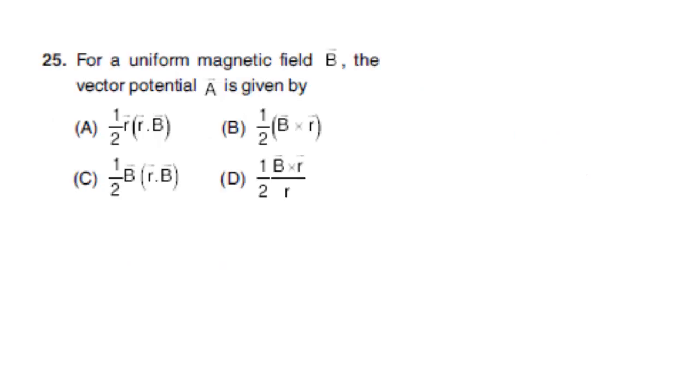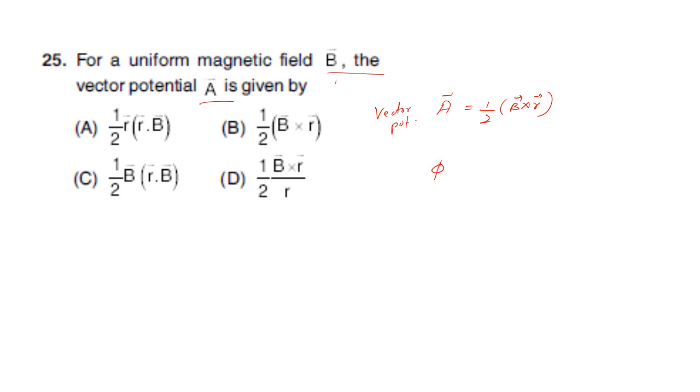For a uniform magnetic field B, the vector potential A is always given by half B cross r. So that is the vector potential.